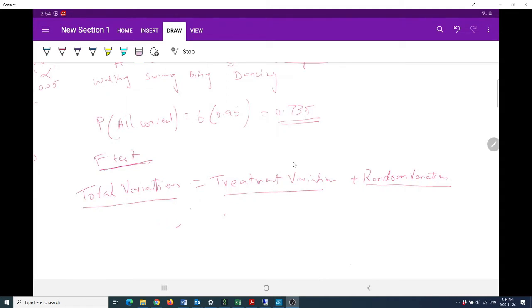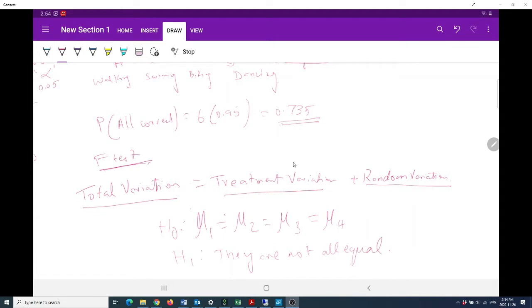Again, remember, the null hypothesis under the F-test is, say, that the 4 sample means are similar: mu1 is equal to mu2 is equal to mu3 is equal to mu4. And the alternate hypothesis is that they are not all equal.